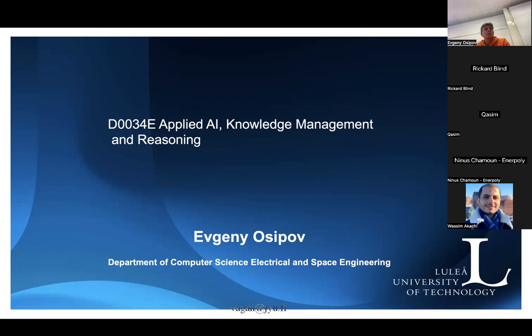So just to be sure again about your background. So AI. So what kind of courses did you have before this class? Introduction, and is it one course or two?